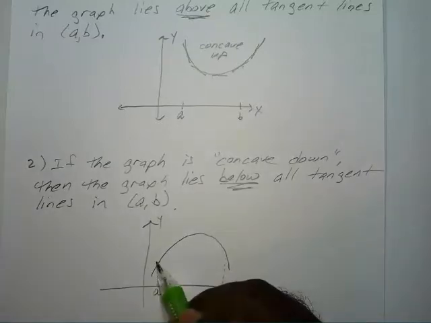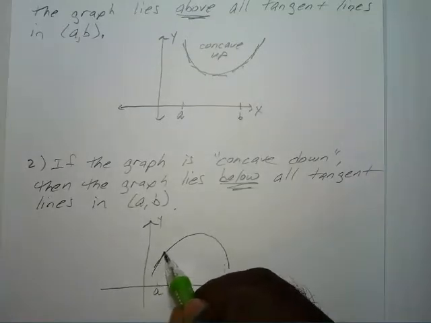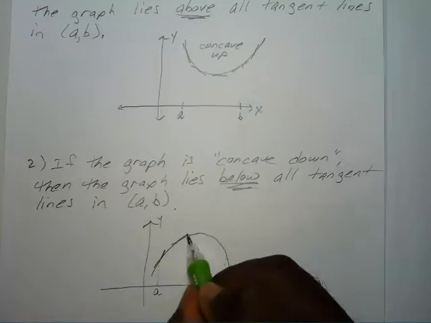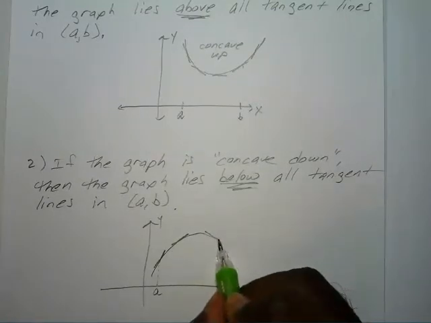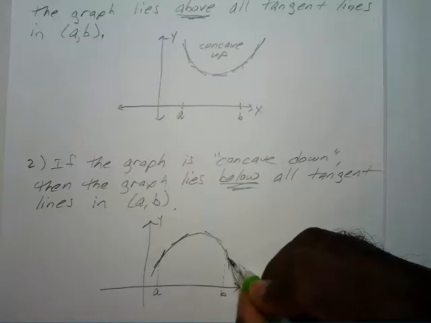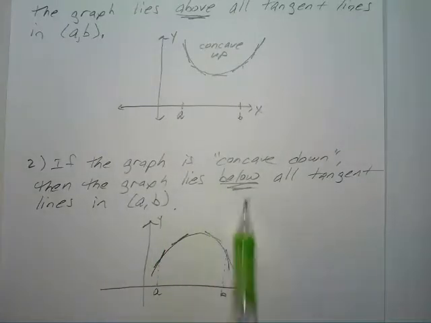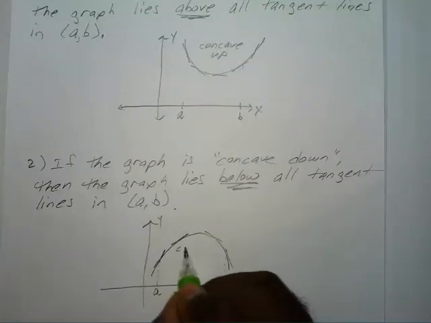If we look at all of our tangent lines here, we see that our tangent lines are above the graph. So the graph is below all of our tangent lines, and this is concave down.